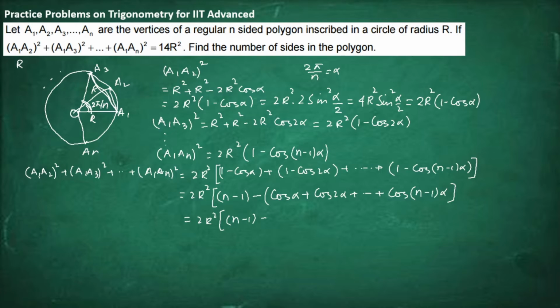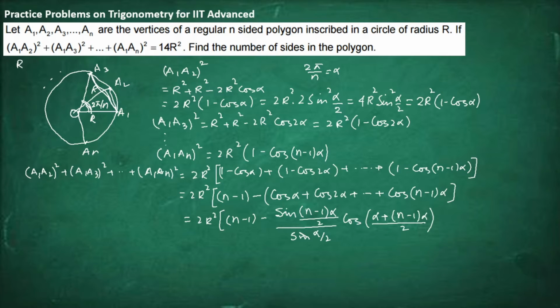Here n means n minus 1, and beta is alpha. Is it clear to all of you?